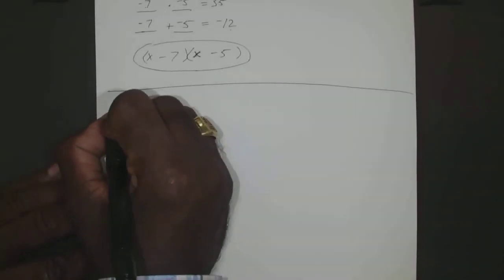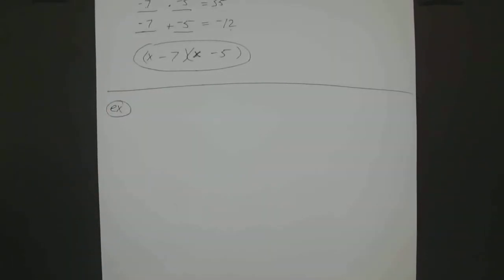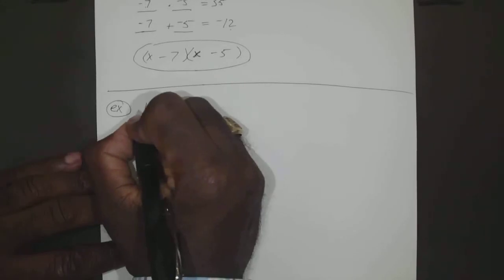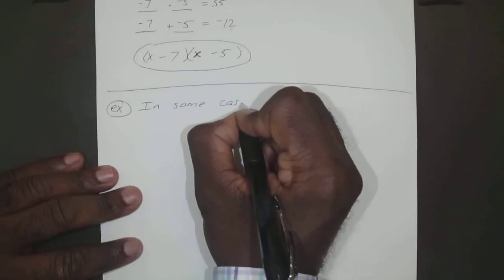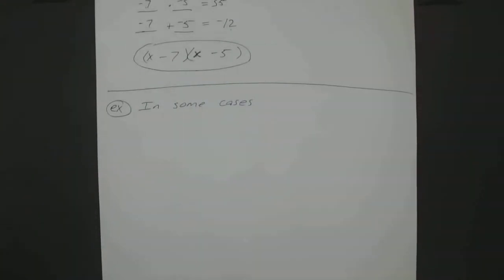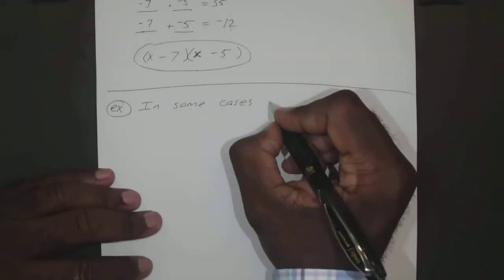Okay, so let's say, for example, in some cases, you will have to factor out a greatest common factor before you can factor it.